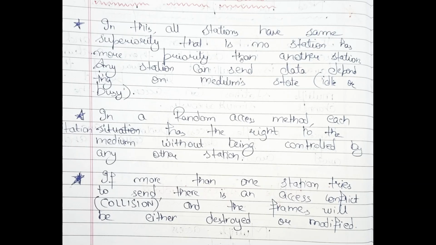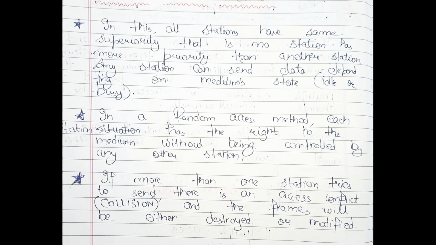So there's no one to tell that computer that you don't have to send your data at this very moment because the channel is busy, or there's no one to authorize that computer. So what basically is happening is that there are no particular rules defined to maintain the efficiency.